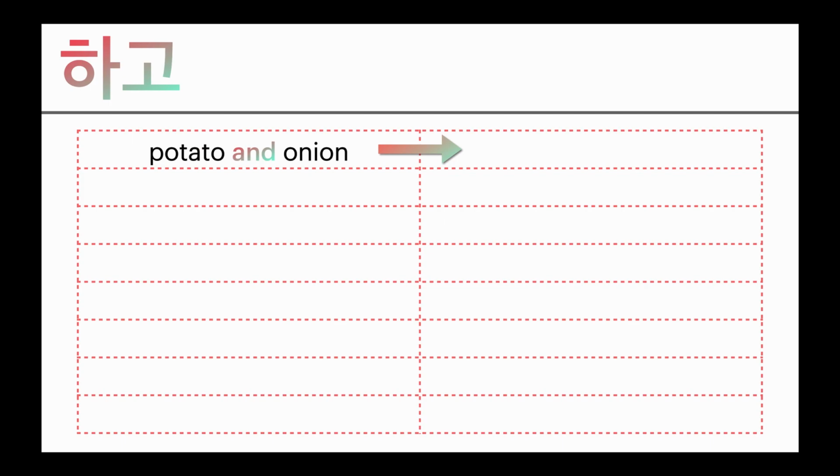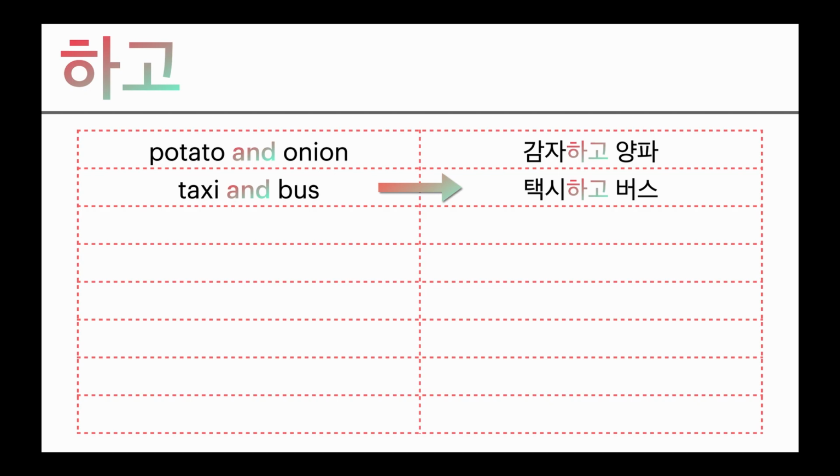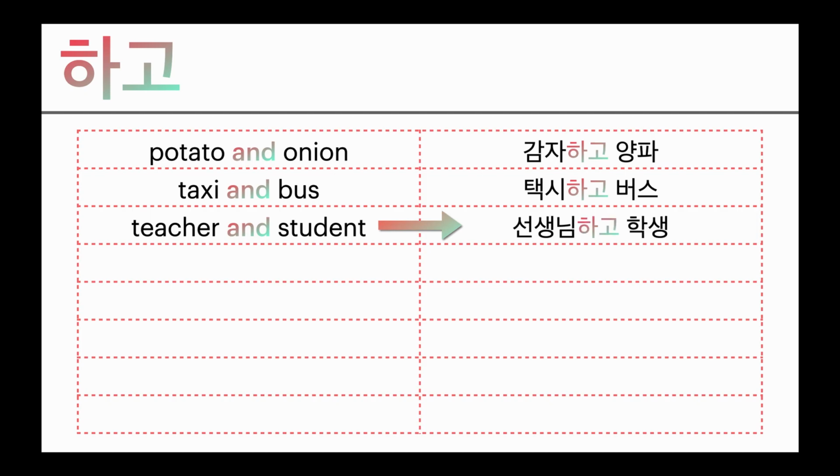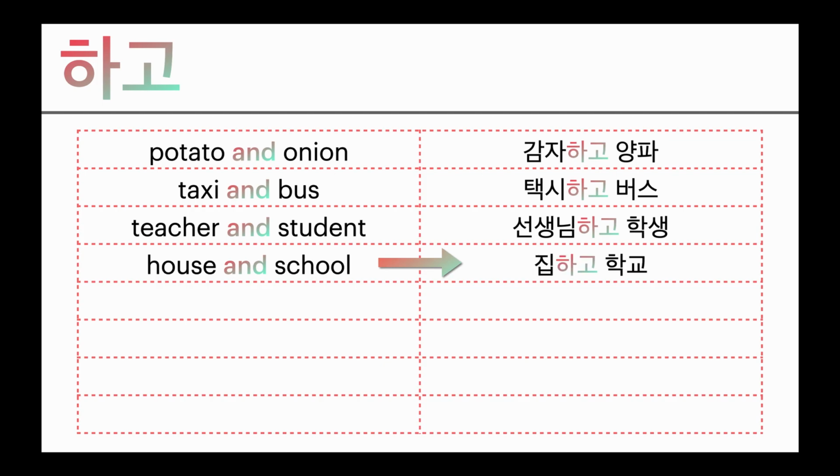Potato and onion. 감자하고 양파. Taxi and bus. 택시하고 버스. Teacher and student. 선생님하고 학생. House and school. 집하고 학교.